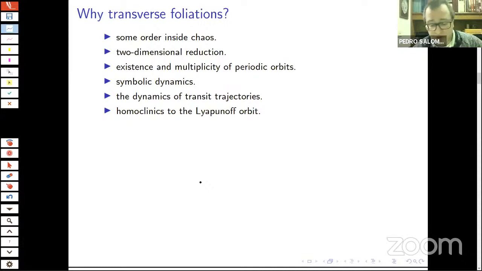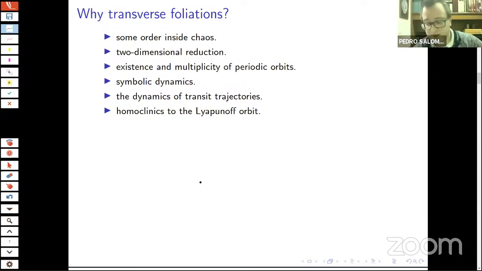And moreover, because we have these foliations, we might study the transition maps between leaves in this foliation, and this could give us some information about the dynamics. For instance, Poincaré used this type of foliation. In fact, it was a global surface of section, the simplest example of such a foliation, to prove, for instance, the existence of infinitely many periodic orbits in the three-body problem.